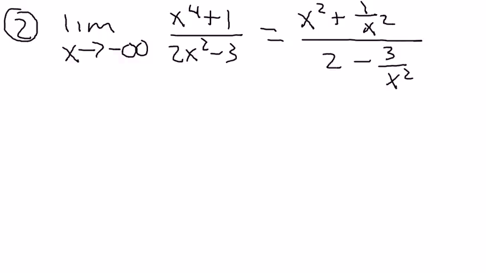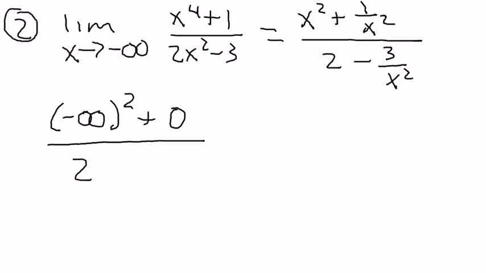Now as I send this to negative infinity, on top I get negative infinity squared plus 0, over 2 minus 0. When I square the negative infinity, it becomes positive infinity over 2, which is just positive infinity. We have to be a little careful here because we're squaring the negative infinity, and that's why it ends up positive and not negative.